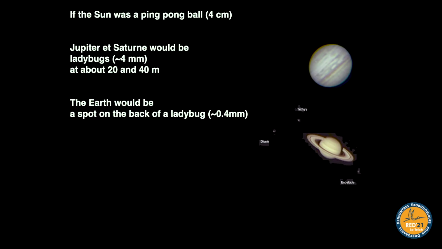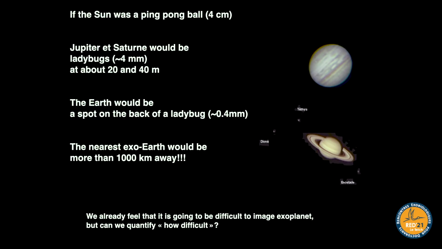And actually, you can see it because, for example, the small red dot that we call the Great Red Spot on Jupiter is about the size of the Earth. So you can really see the scale of this. The problem is that the nearest exo-Earth with this scaling would be more than 1,000 kilometers away. We feel from these numbers that it's going to be really difficult to image an exoplanet. But can we quantify how difficult that would be?